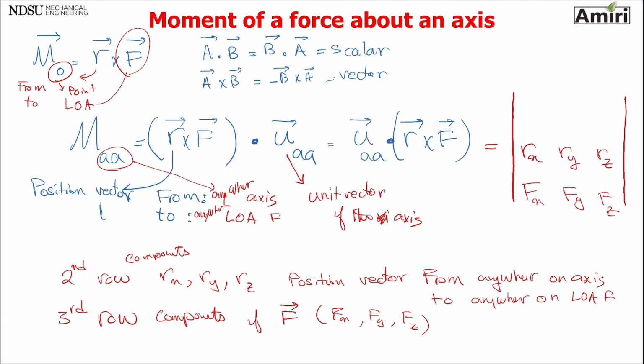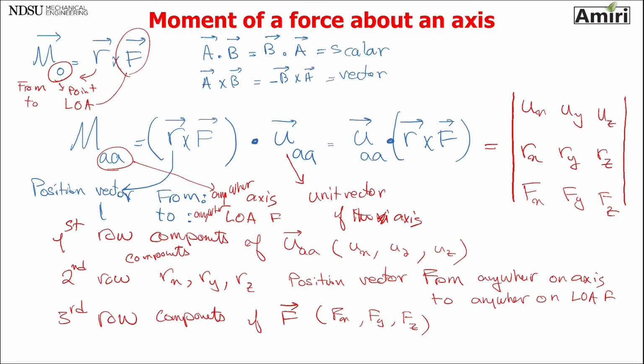Before, when we had the point, the result was a vector, and the first row we had i, j, k. What do you think we have in this determinant now? The first row are components of the unit vector A, meaning ux, uy, uz, these three components.